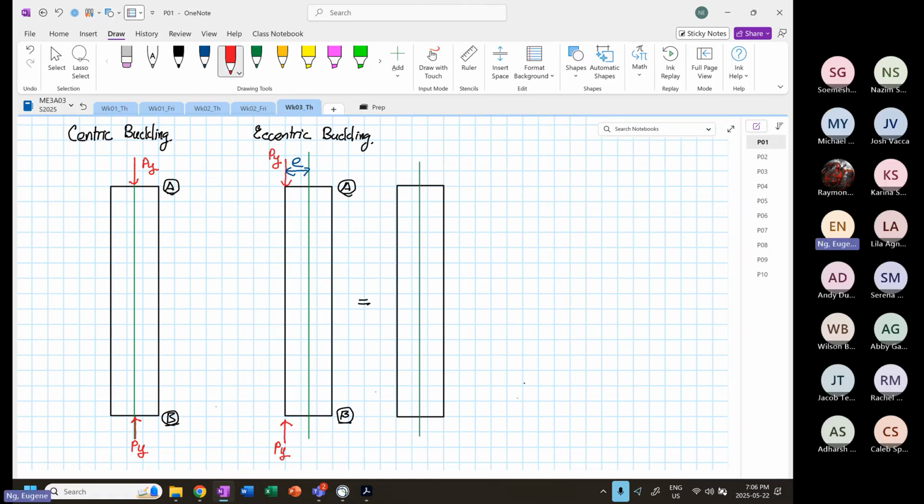This is also equal to E. And we have a moment acting at point A, which is equal to P multiplied by E. I repeat again, we have a load P, and then we have a moment, P multiplied by E.